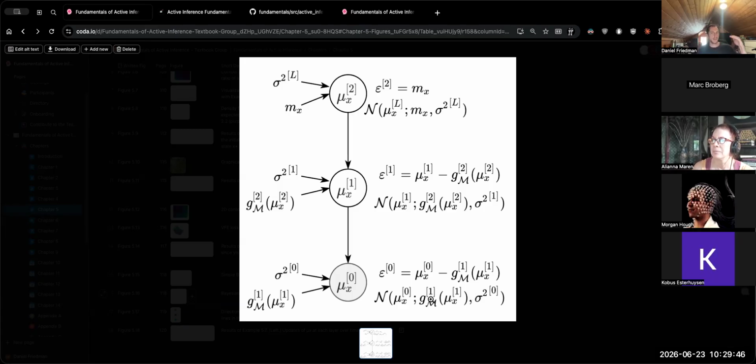So that's how you make predictive models that are hierarchical. You just have another layer that supervenes upon or sets a higher order prior, and you can keep going.